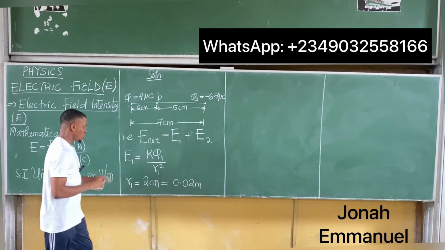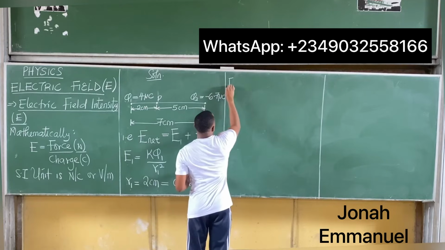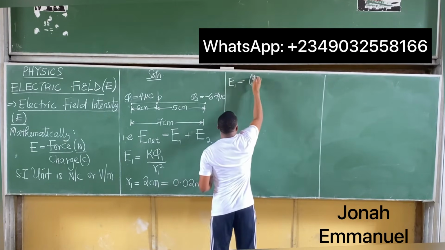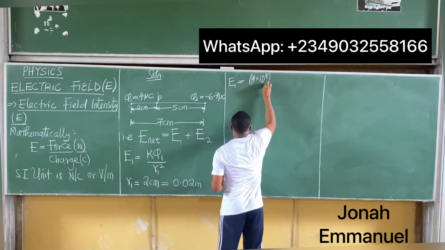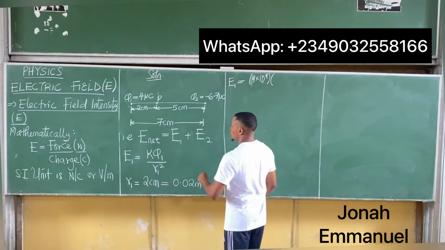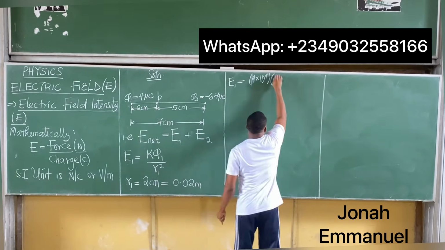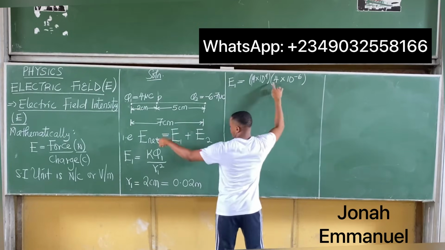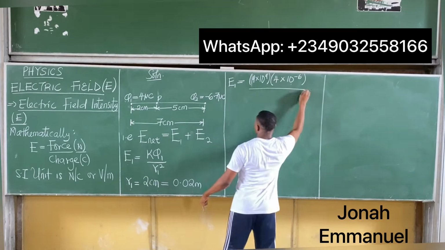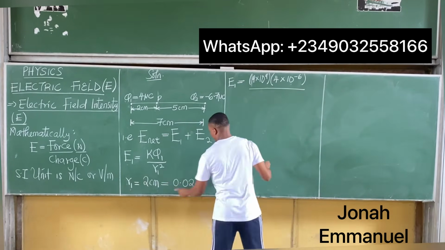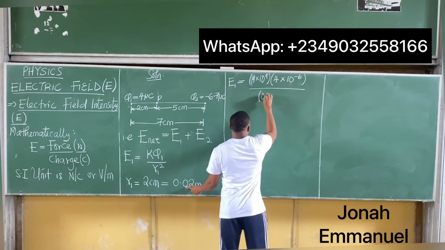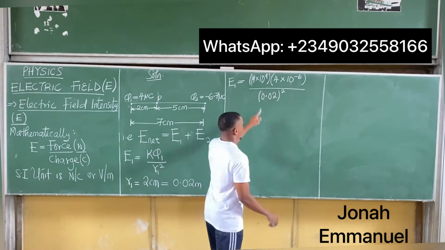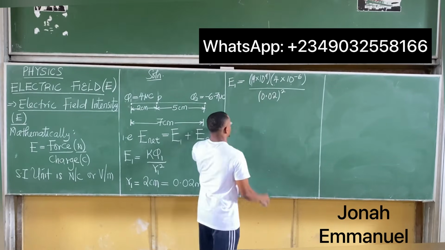So therefore, we can say that E1 is equal to K, which is 9 times 10 to the power 9, into Q1. Q1 is 4 micro, 4 times 10 to the power minus 6, all over R1 squared. R1 is this, 0.02 squared.